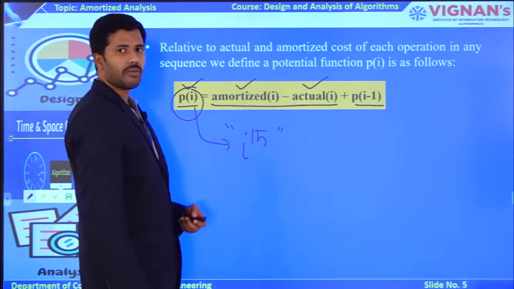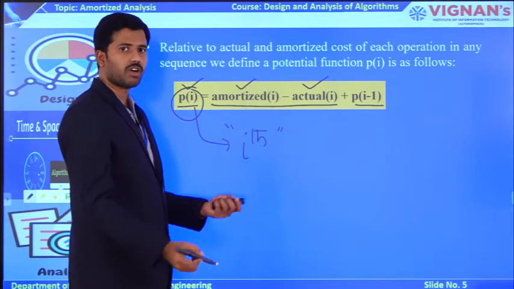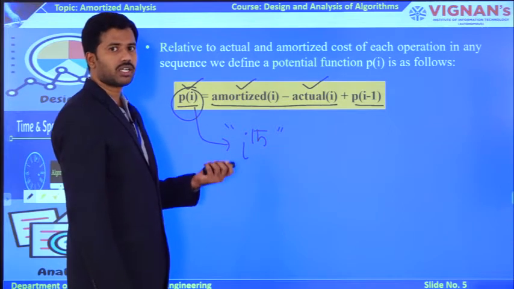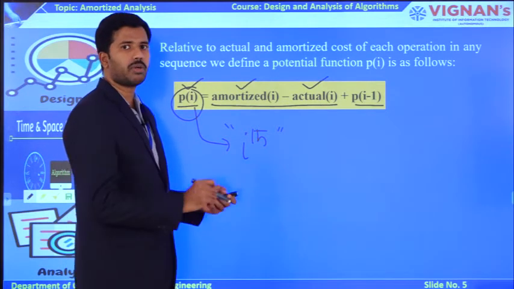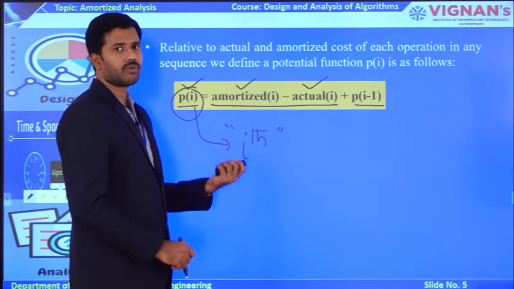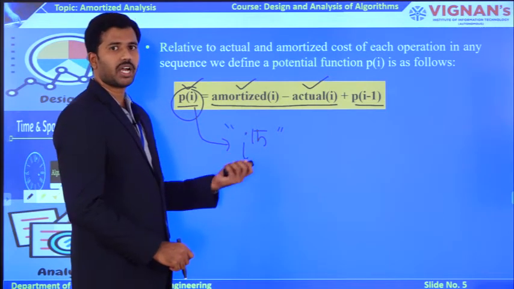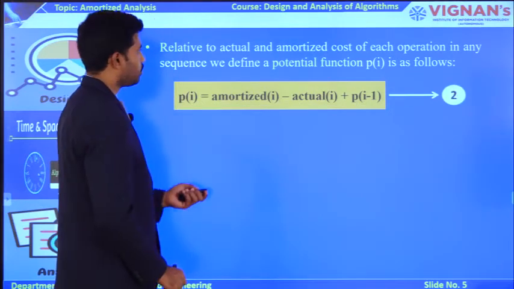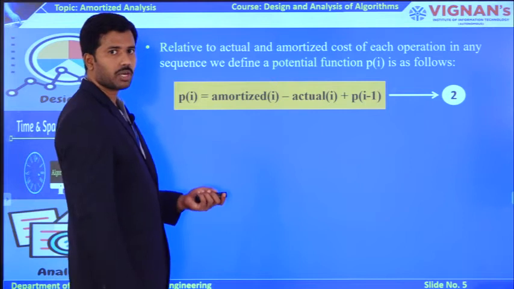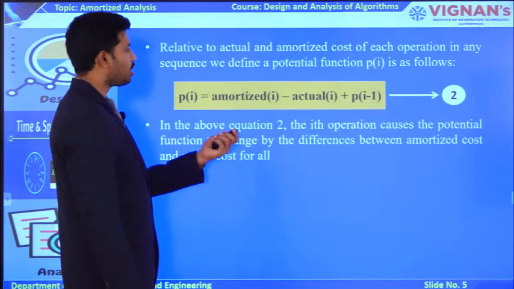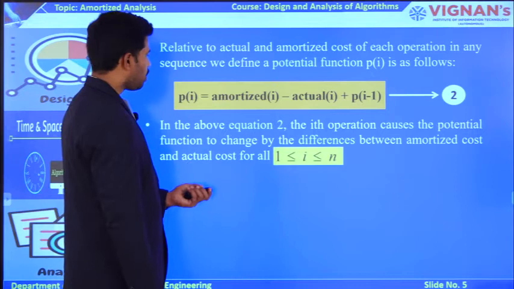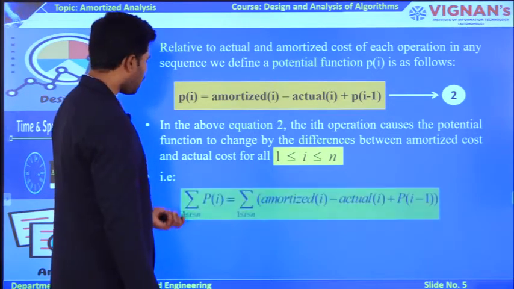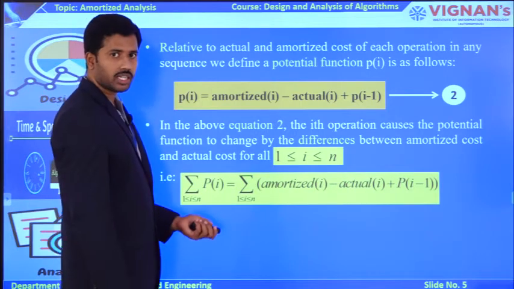Now your algorithm has n number of operations. How do we get the potential function for all the operations in your algorithm? Here also you require a sum, sigma, right? So this is my master equation number 2. If I apply the sum on equation number 2 for all the operations from 1 to n, my equation looks like this.